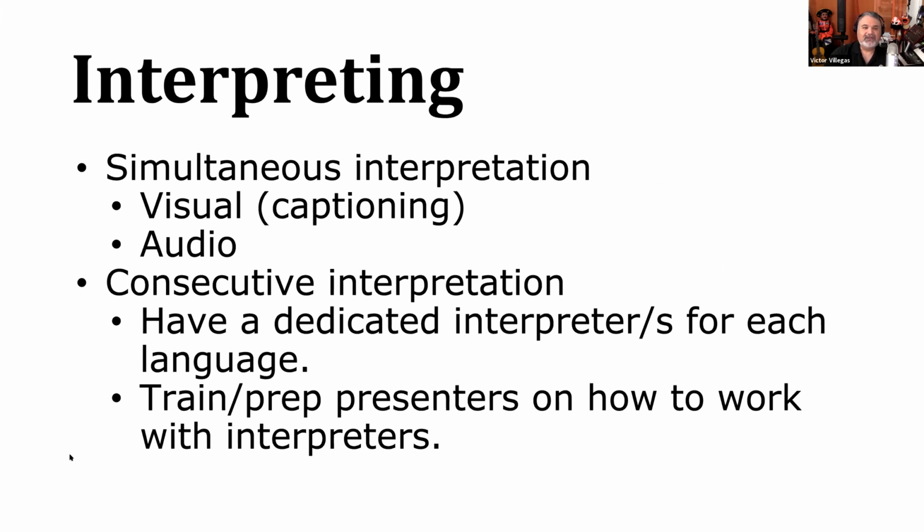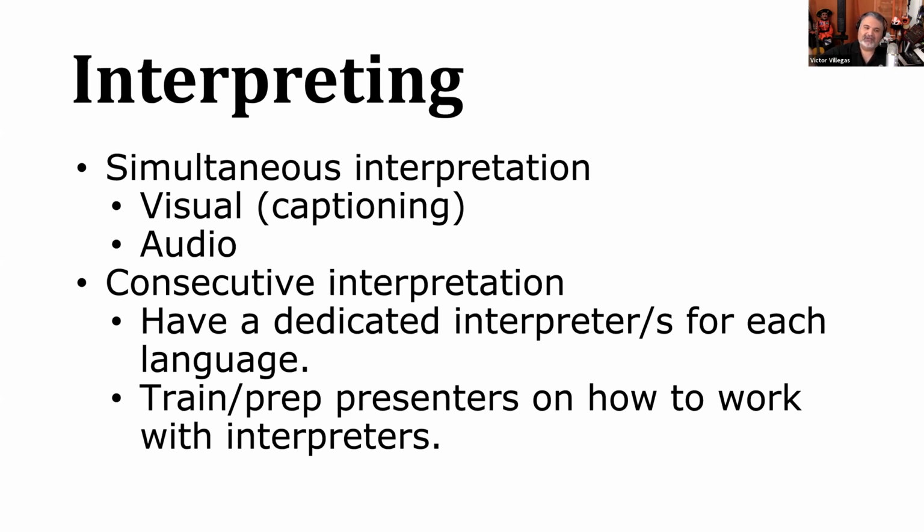Okay. So, interpreting best practices. There's two commonly used types of interpretation that we deal with. The first one is simultaneous interpretation. That basically means someone is interpreting in real time at the same time that an English speaker is speaking. The consecutive one is basically an English speaker speaks a few sentences, then it gets translated into Spanish, right?